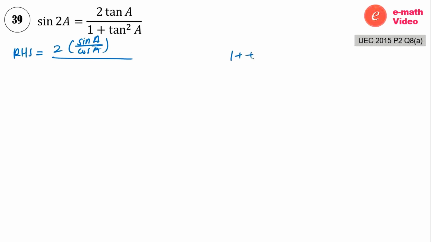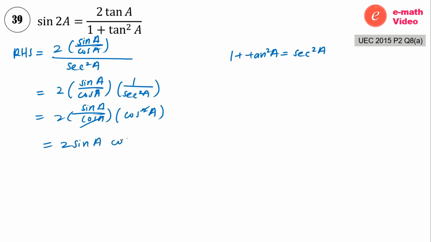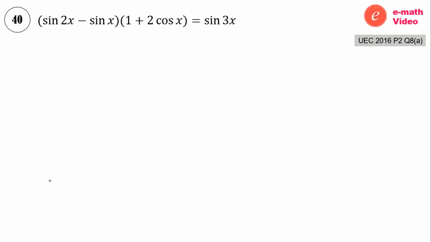Yes, 1 plus tangent square A equals secant square A. Secant square A, don't convert, equals 2 times sin A over cos A times 1 over secant square A. 1 over secant square A is cos square A. Cos and cos square cancel, 2 sin A cos A. Again, look at the formula list, it is equal to sine 2A. Proven.